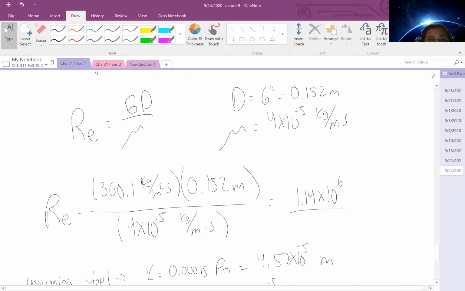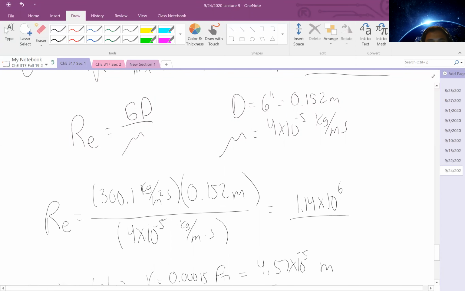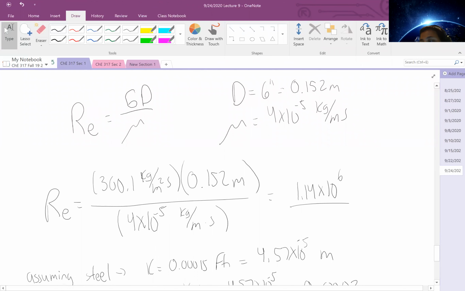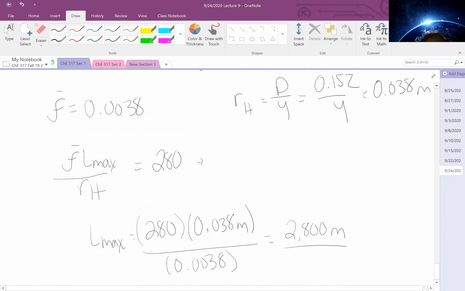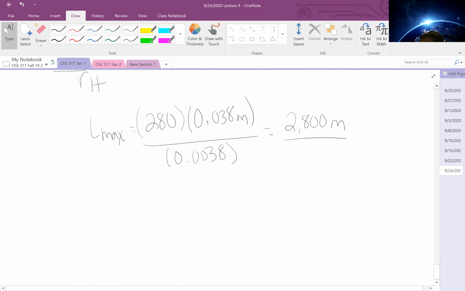Full disclosure. In reality, if we were going to do this, I would look that up based off of the given conditions that we have in terms of temperature and pressure. But for the sake of time, I wasn't going to spend the 5 minutes to double check the value. But good question, fair question.